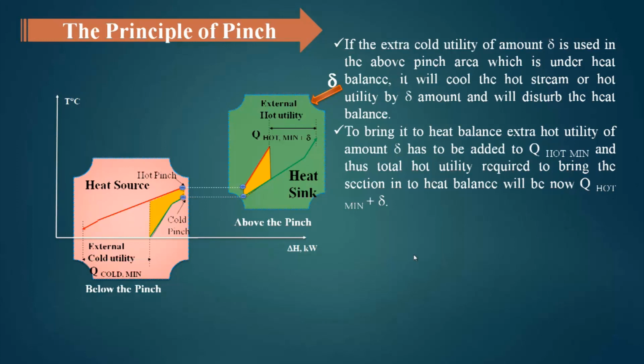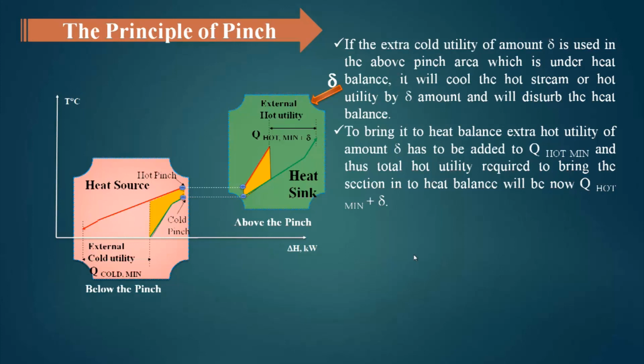Now, what will this do? This will increase the operating cost involved in the above pinch area. This is the first thing. The second thing is that to transfer this cold utility delta, I have to provide area and the cost of the cold utility, plus to transfer the delta amount which is added to the hot utility.